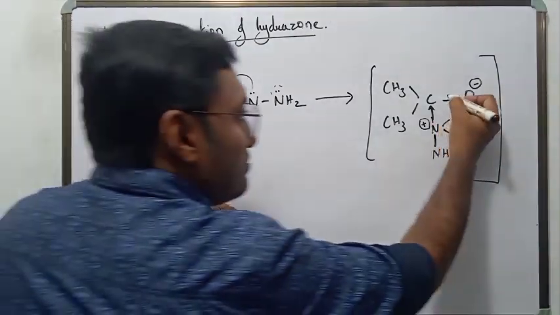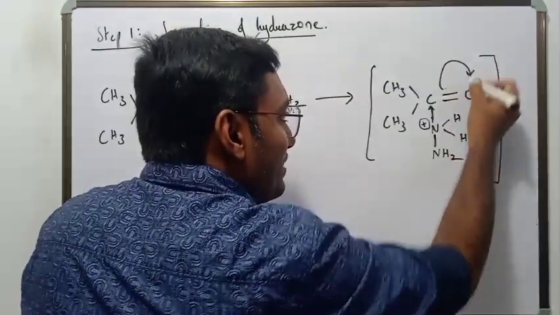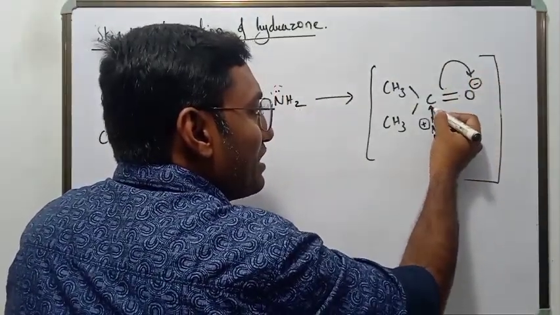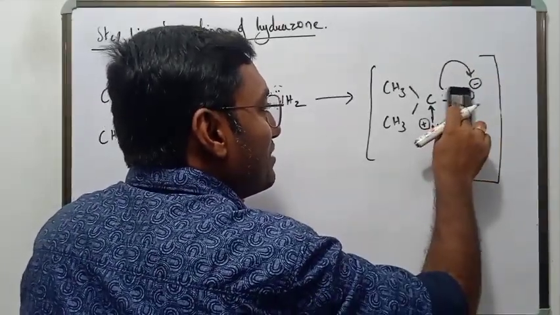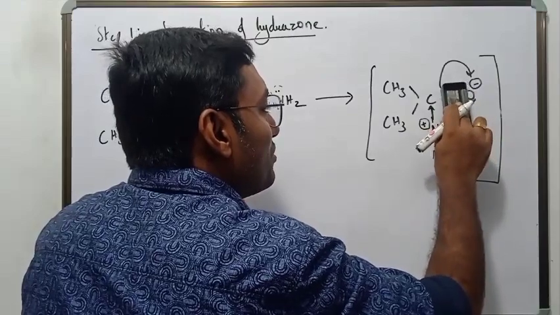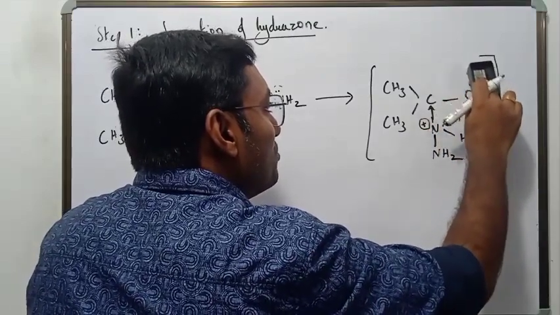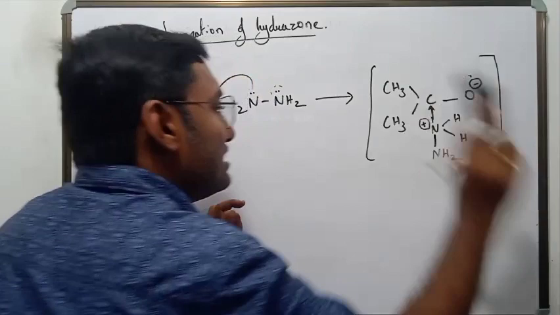When nitrogen donates the pair of electrons here, the pi pair would be lost to the more electronegative oxygen like this.